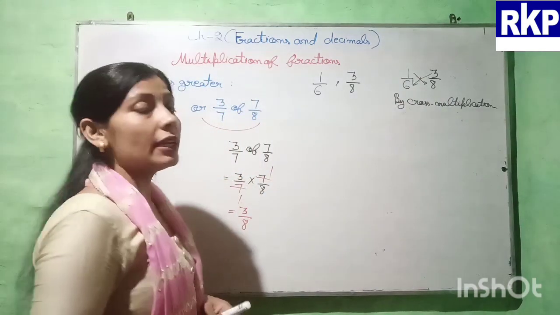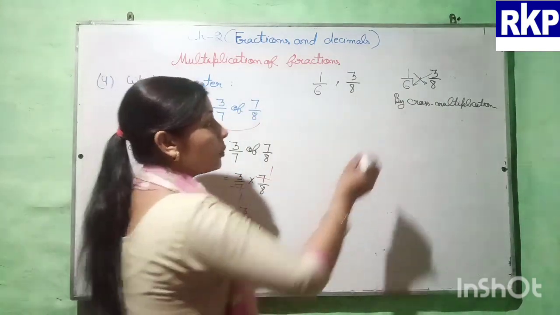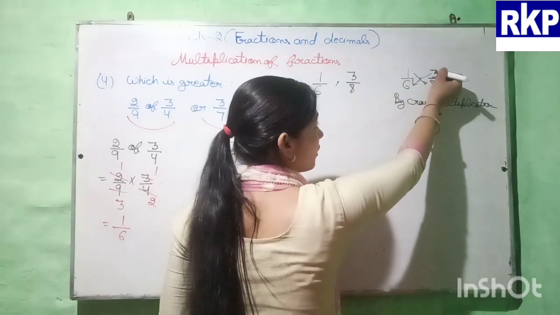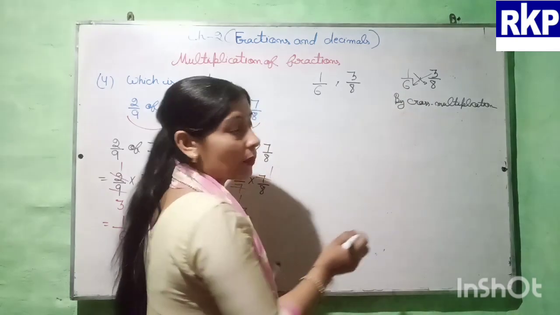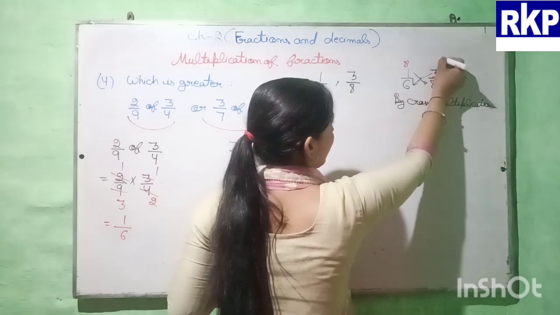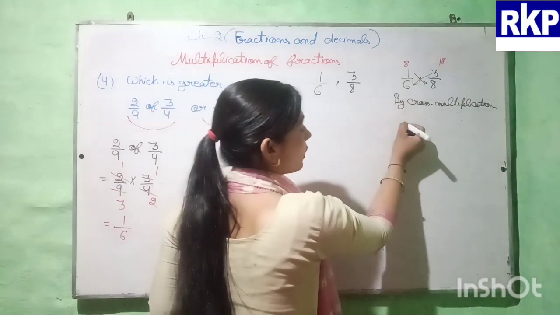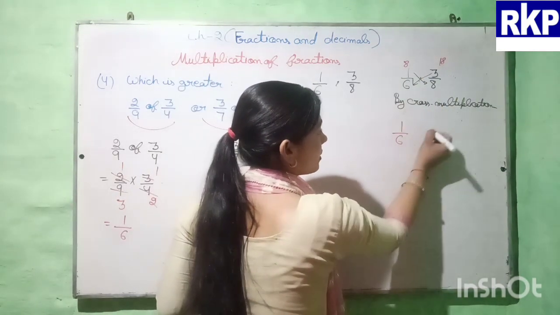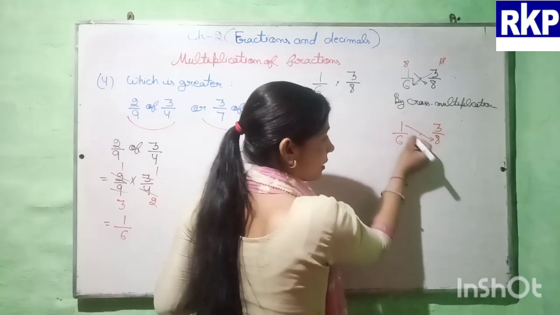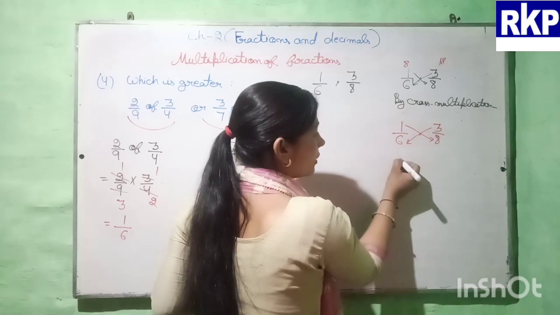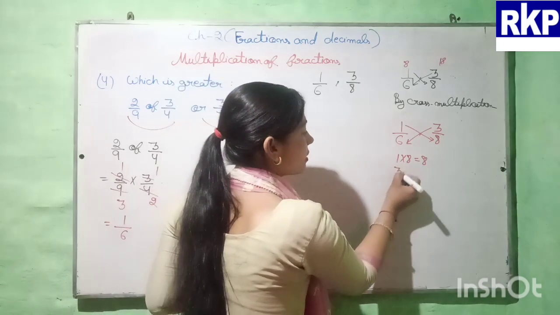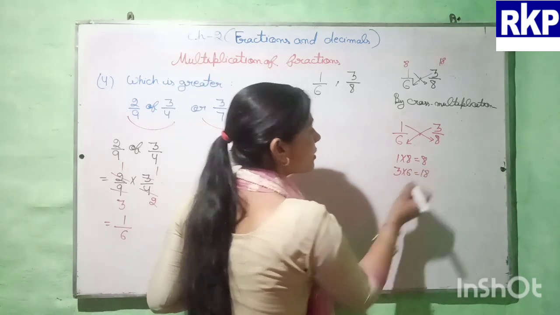Means the numerator of the first fraction with the denominator of the second fraction, and the numerator of the second fraction with the denominator of the first fraction. So here 1 8s are 8 and 3 6s are 18. So 1 multiplied by 8 gives us 8 and 3 multiplied by 6 gives us 18.